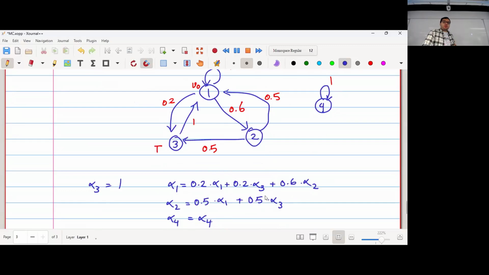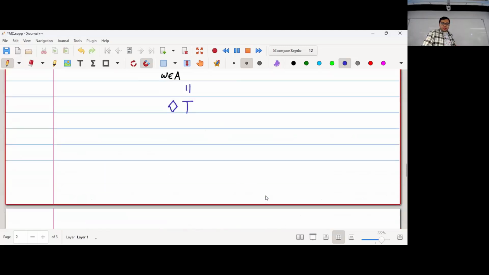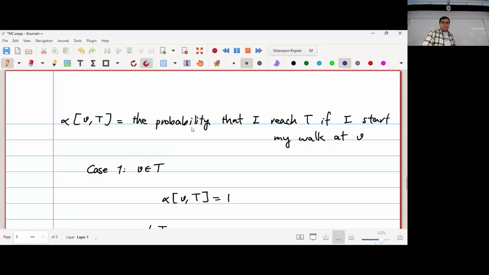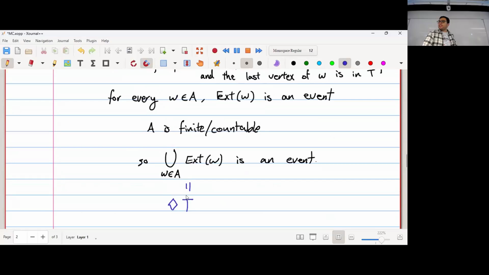Is it possible that it has no solutions at all? No. Why? Because these probabilities exist, right? We have already proven that these probabilities exist. So this set, the set of all paths that reach the target, is a measurable set. It's an event, no matter where my starting point is.